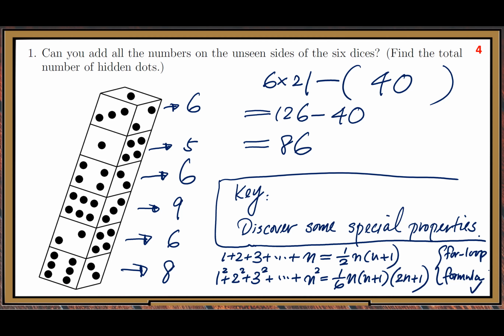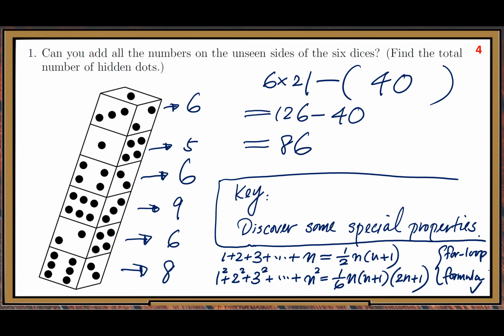That's why, if it's possible, we always try to discover some formula. But sometimes the formula may not be available, so we have to take the loop way. If the formula is available, we always pick the formula way because we can find the answer much faster.